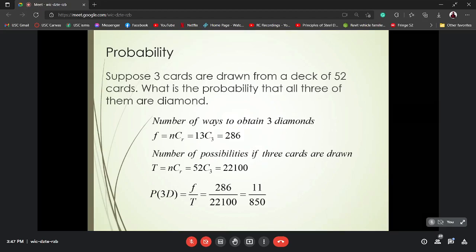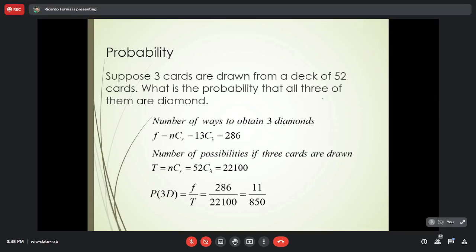Okay, suppose you are drawing 3 cards, or you are given 3 cards from a deck of 52 cards. Now, what is the probability that all 3 of them are diamond? So 3 diamond. How do we compute this?